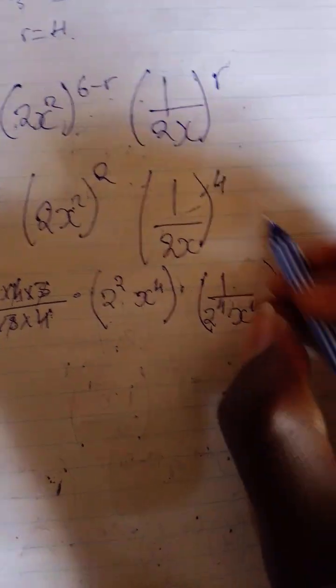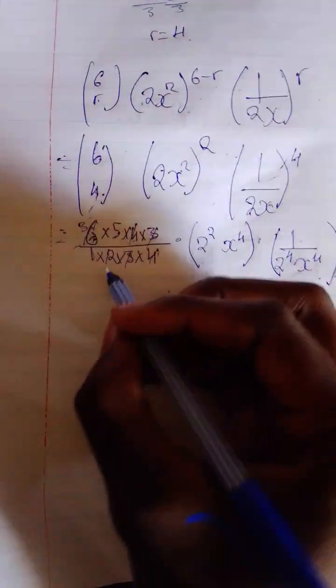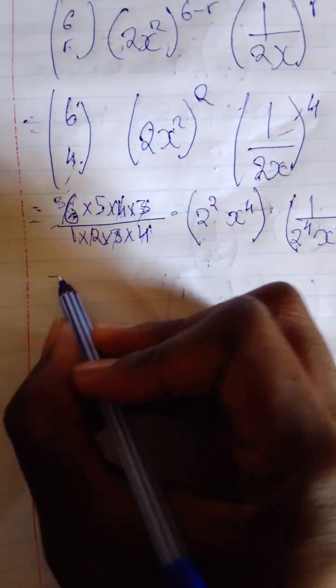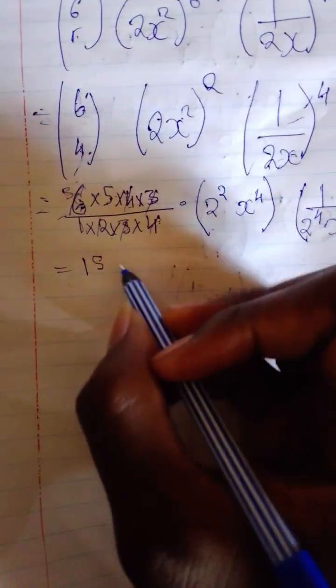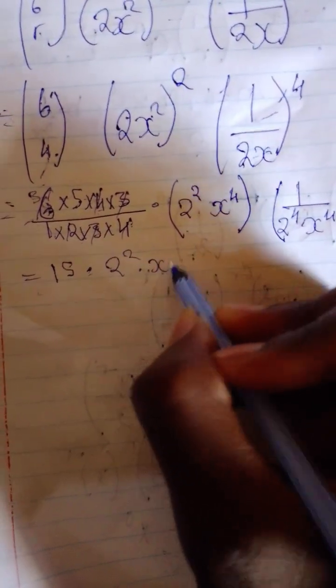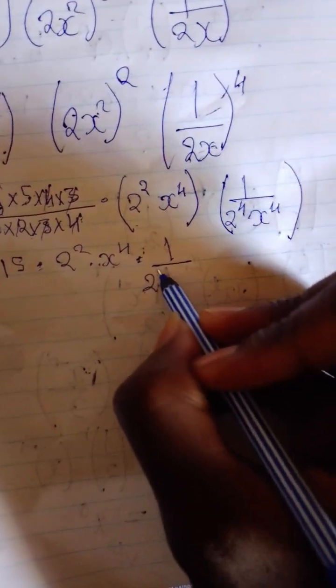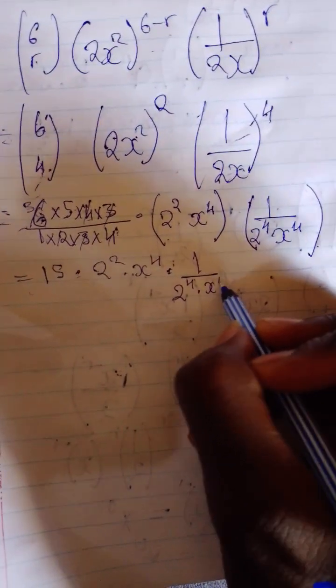Have you seen? The 4 is for both. Have you seen what we've done? So our answer, we found that it was 15 dot 2 power 2 dot x power 4 dot 1 over 2 power 4 dot x power 4.